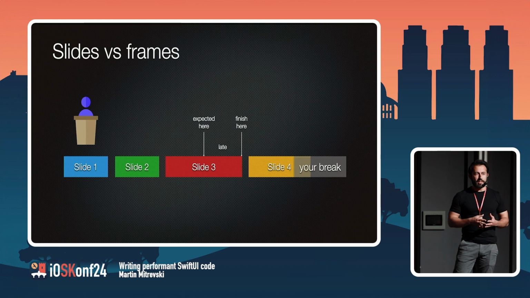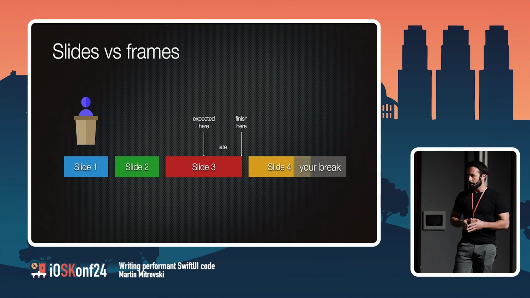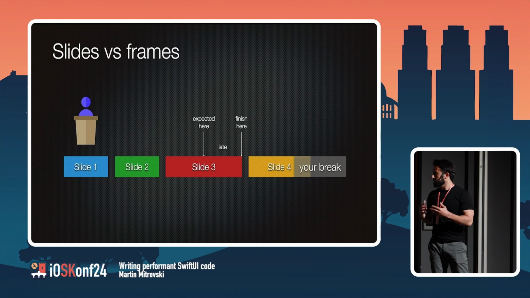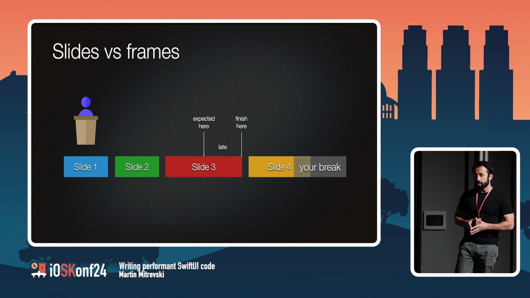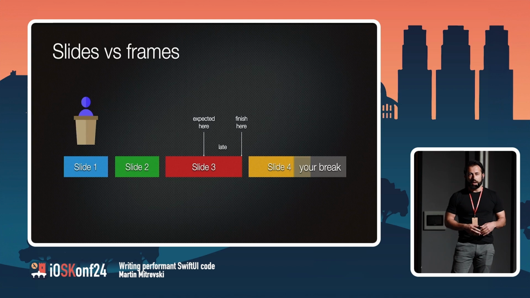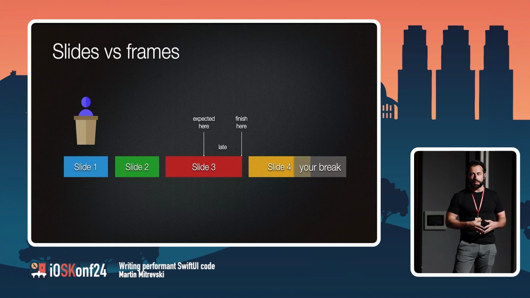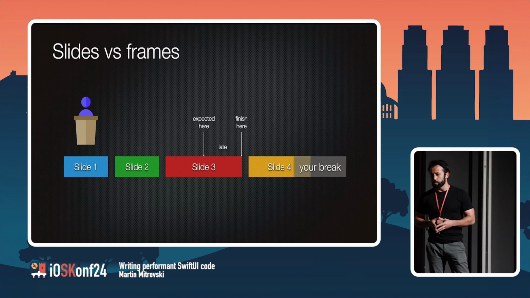Each slide has a certain amount of time that I dedicated to do the presentation. However, if I get too talkative during a slide, the slide would be delayed, and I would either have to cut something from the next slide, or even worse, I will steal something from your break.